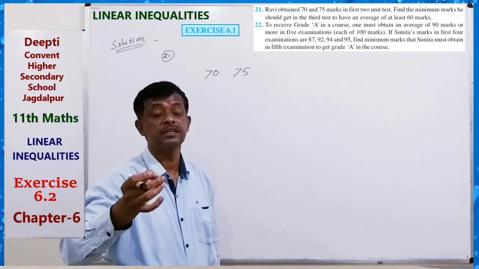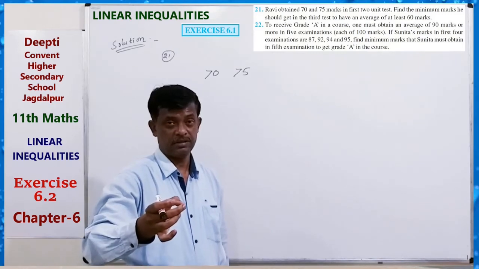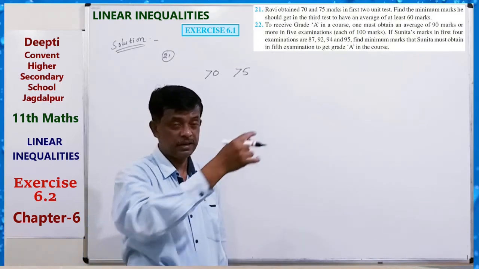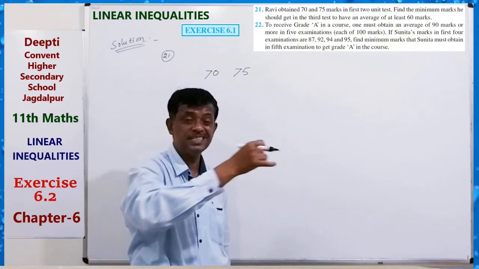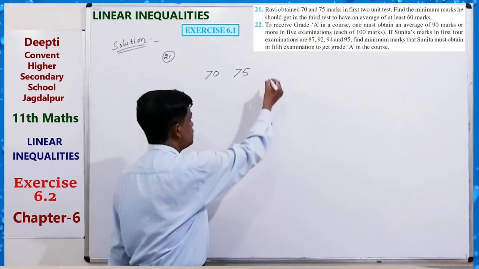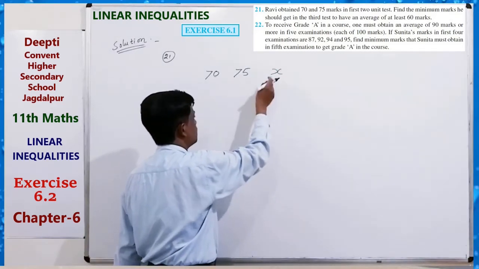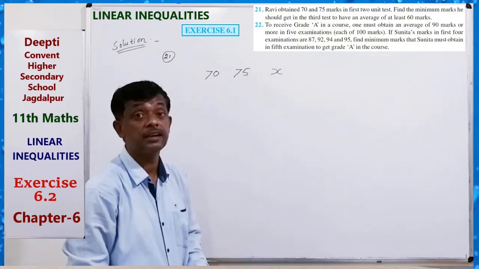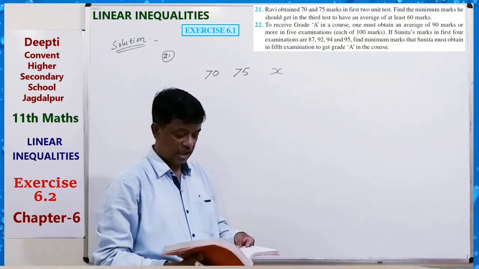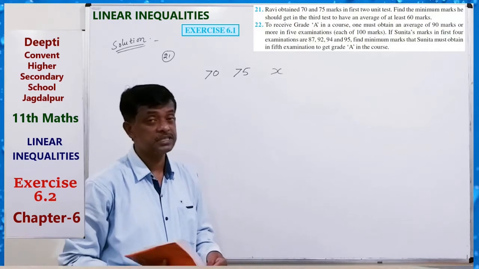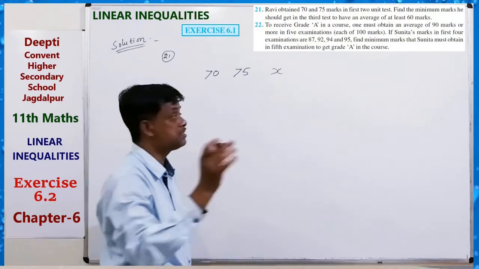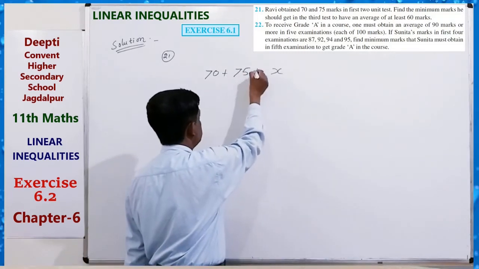Let us suppose that the minimum marks in the third test is X. First test, second test, third test. Its average is at least 60 marks.